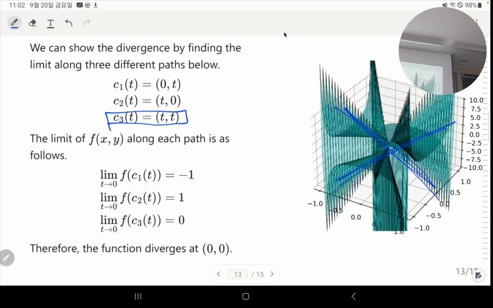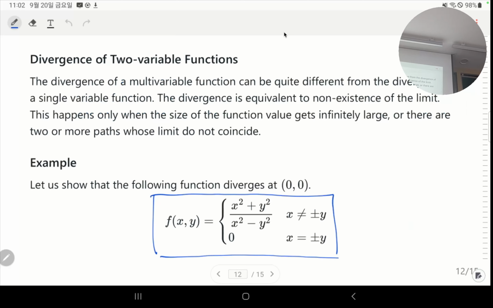But what if I choose a different path? For example, if I choose (0, t), which follows the y-axis to (0, 0), let's plug that into the formula to see what the limit is. Let me go back to here. I'm going to set x equals 0, y equals t, and plug in here. This is not in the exception case, so I have to plug here, right?